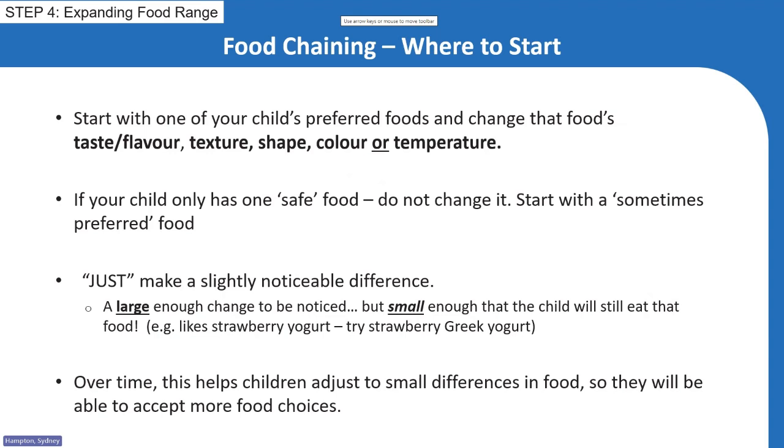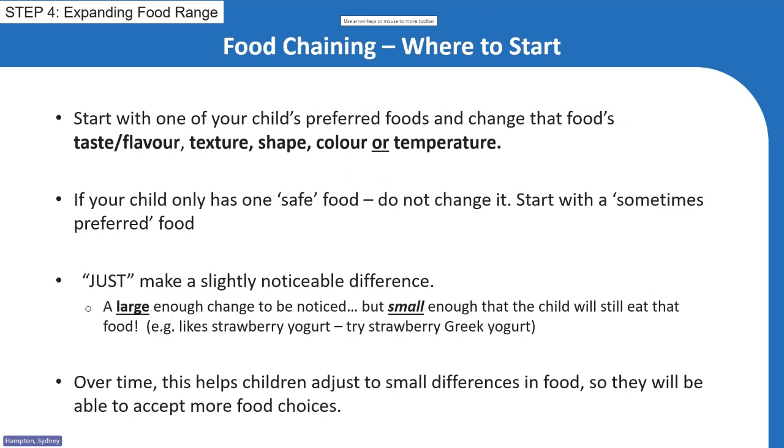We're going to look at picking a food from your child's preferred food list. If your child only has one reliable preferred food, do not start with that. We want to pick something from the sometimes preferred foods instead. We don't want to work with their only preferred food because if we change that too much, it's going to remove that from their food diet, and that's something that we don't want to do.